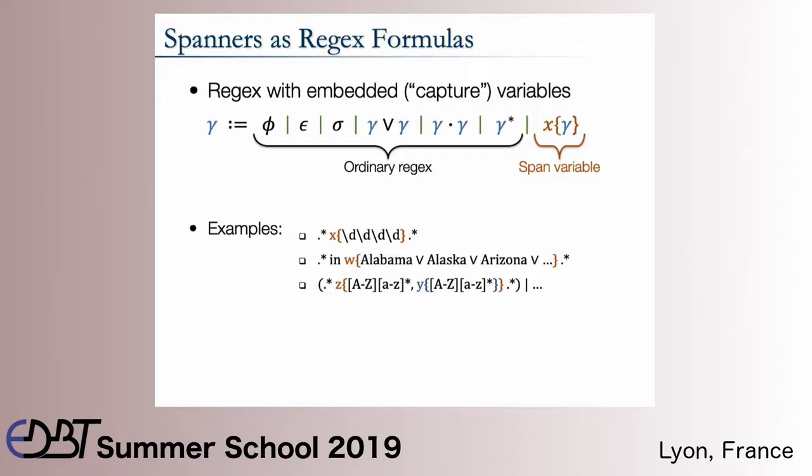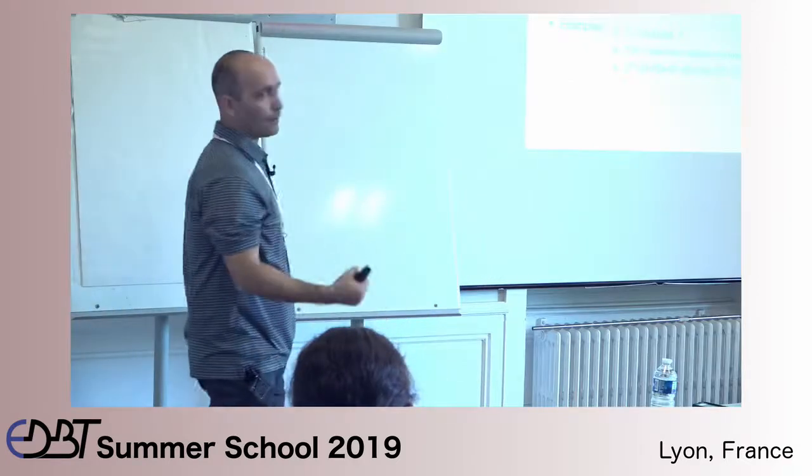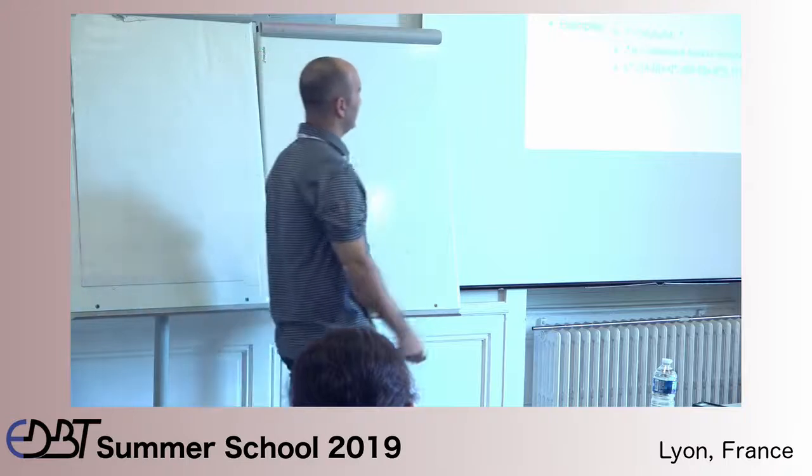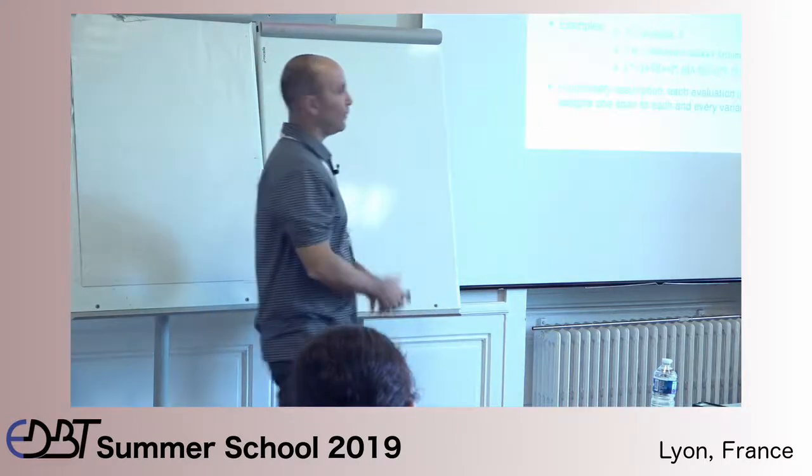Or something like "in" and then a matching of some dictionary, like the state dictionary. Then W will capture the span of this dictionary. And you can have some variables inside one another, okay?